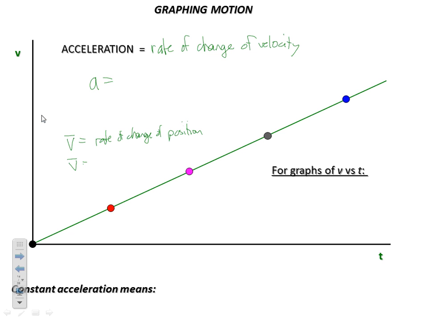And we said that that makes it delta x over delta t, which typically we just call delta x over t. So here's the rate of change of position. Well, again, we want the rate of change of velocity. Okay?